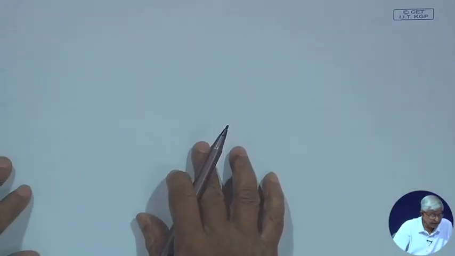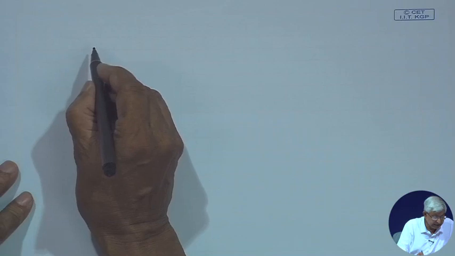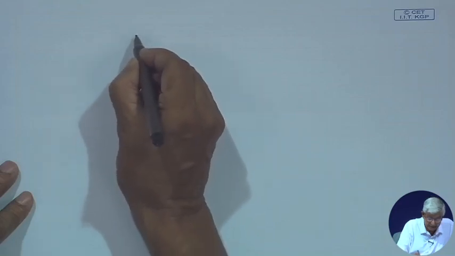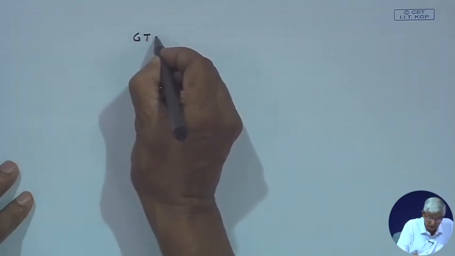So, the first part is, what is the distance at apogee, or let us say what are the things given, the GTO or the parking orbit.